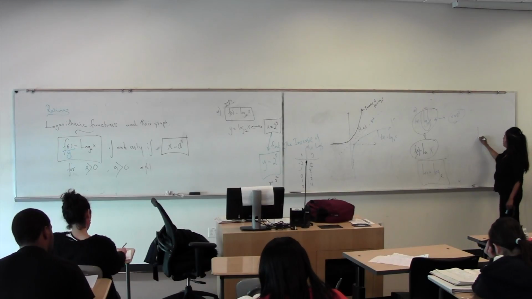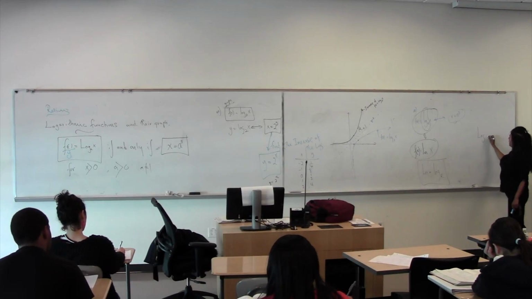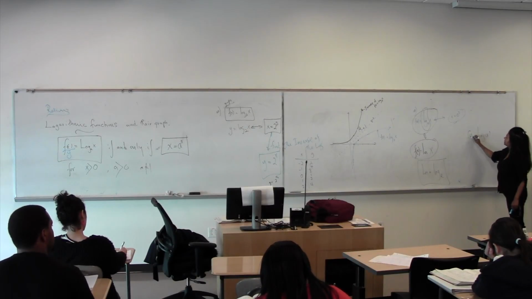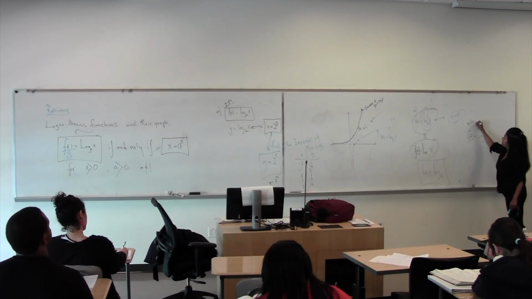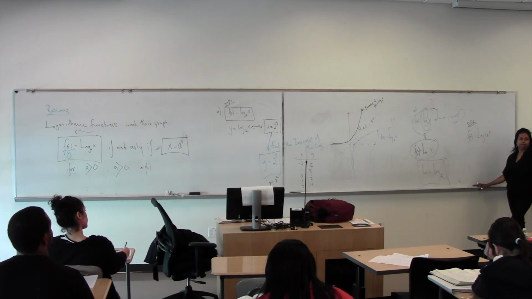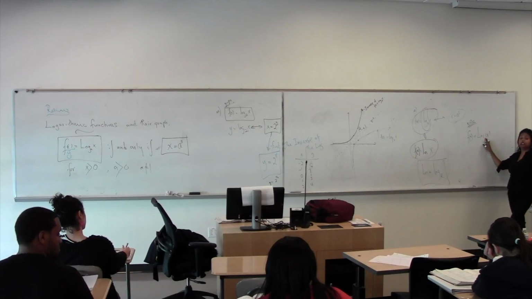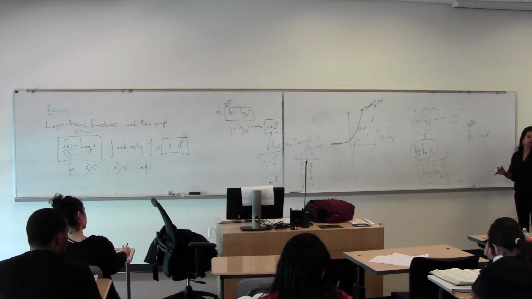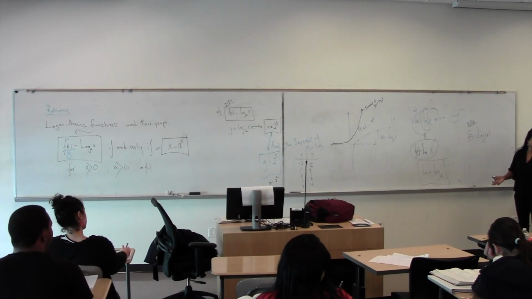Also know that f of x equals log x. This is another note. You see a base here? You don't see a base, right? When you don't see a base, that means base 10. Like our number system is base 10, but we don't say base 10.